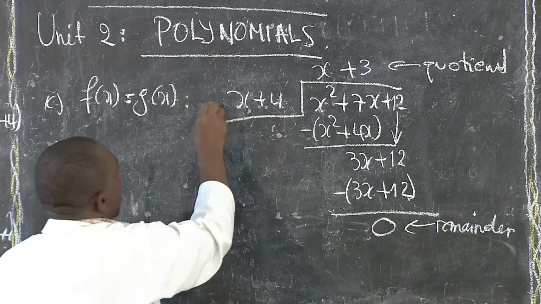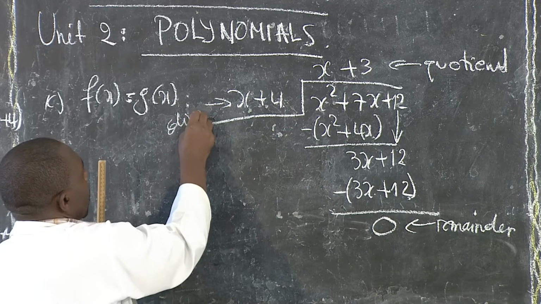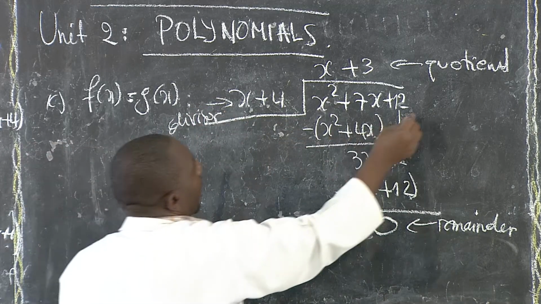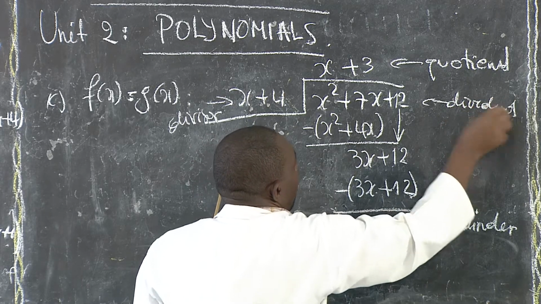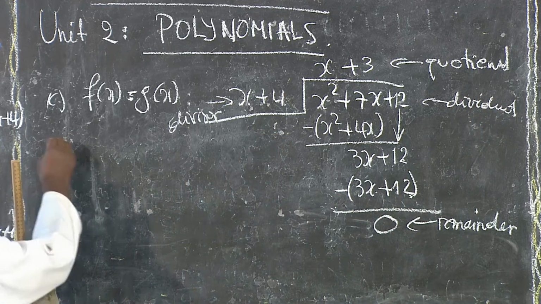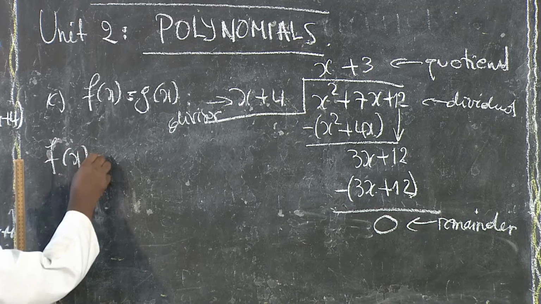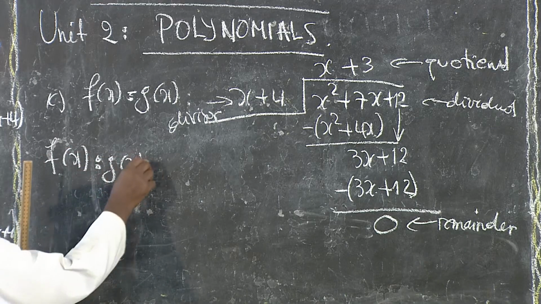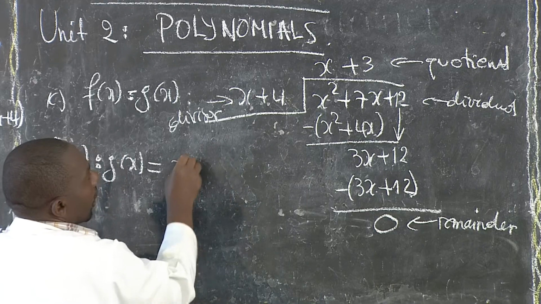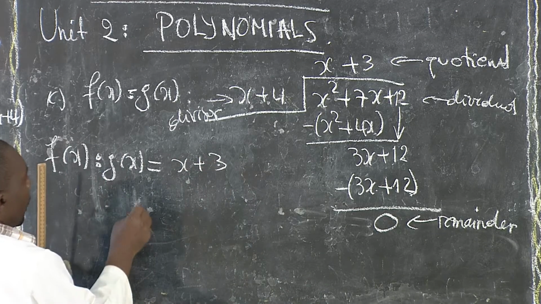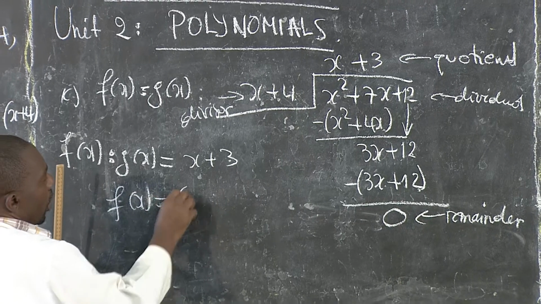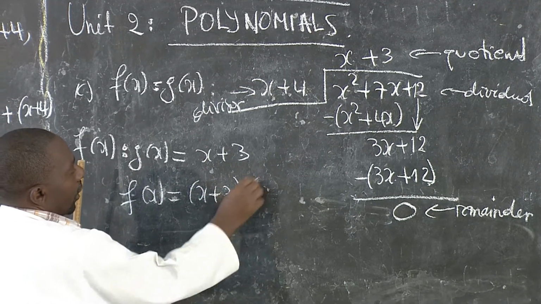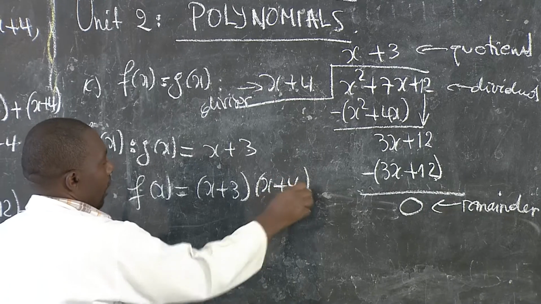Of course, this is the divisor, and that is the dividend. So, f of x divided by g of x is equal to x plus 3. It means f of x is equal to x plus 3 times x plus 4.